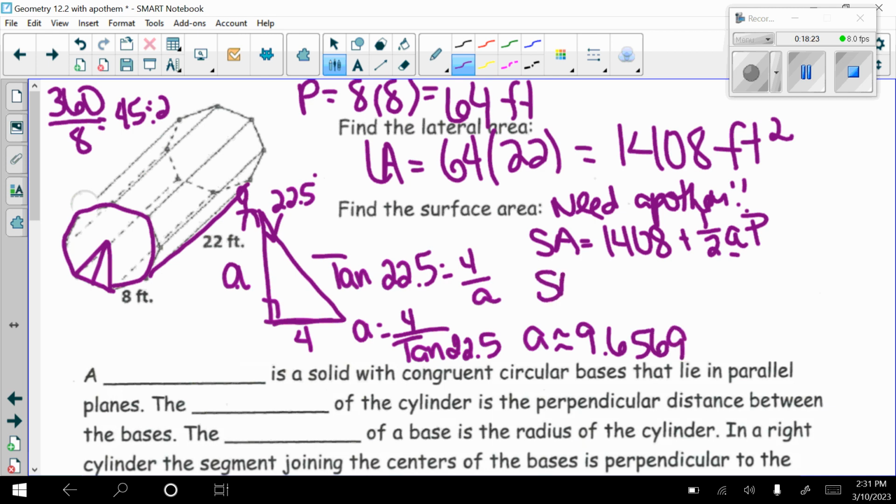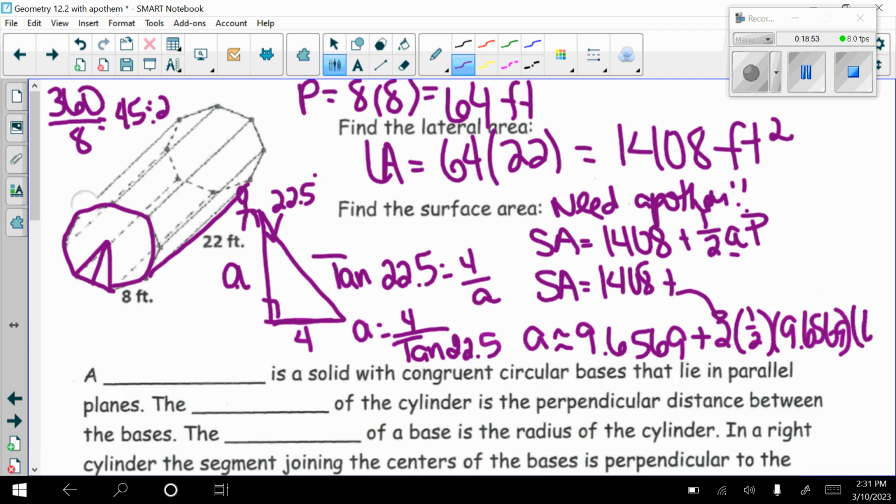So my surface area is equal to 1,408 plus the area of our polygon, which was 1/2. But I have 2 of the bases, right? So 2 times 1/2, my apothem, 9.6569, times my perimeter, which was 64.